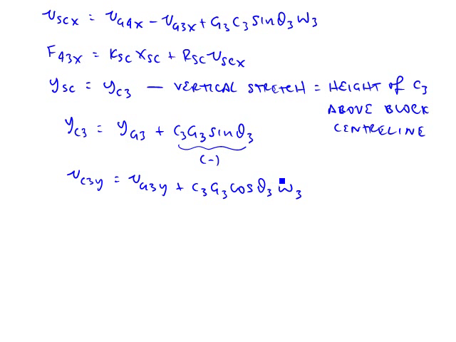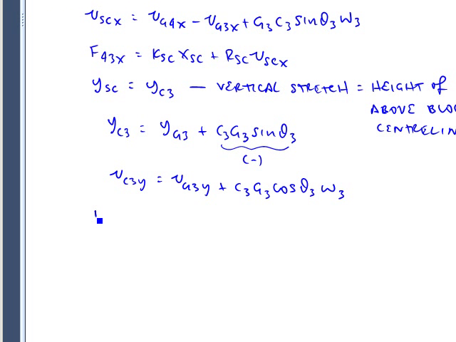Now at this point, I'm going to leave you to look at the SliderCrank Matlab code. The Matlab code is based on the schematic that we've done here. Well, I guess I should write one more thing. I should write that F43Y downward is KSC YSC plus RSC VSCY.